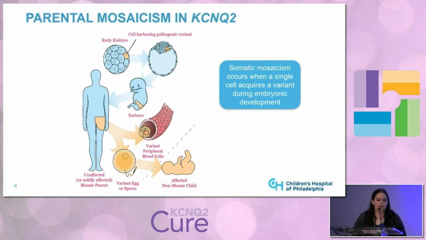So for example, if a parent has multiple egg cells or multiple sperm cells that carry a genetic change in KCNQ2, we wouldn't necessarily expect them to have symptoms as a result because that change isn't present in the brain. But then when that individual goes on to have children, they can pass on that genetic change to their child or multiple children.